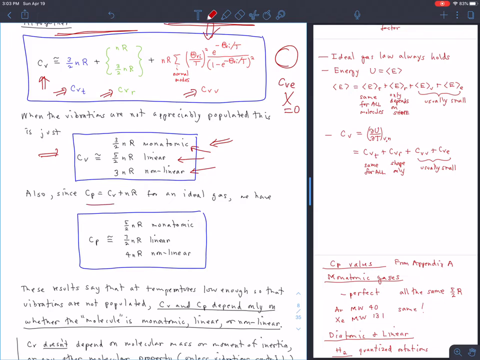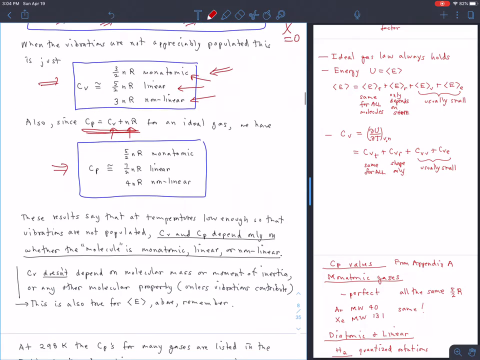And of course, for an ideal gas, Cp, the heat capacity at constant pressure, is just Cv plus nR, and so we've now also got the heat capacity at constant pressure, Cp, and that's just 5/2 nR for a monatomic ideal gas, 7/2 nR for a linear molecule, and 4 nR for a nonlinear molecule. So very simple again. What's good about the Cp value is that this is in tables. In fact, it's in tables in Appendix A.